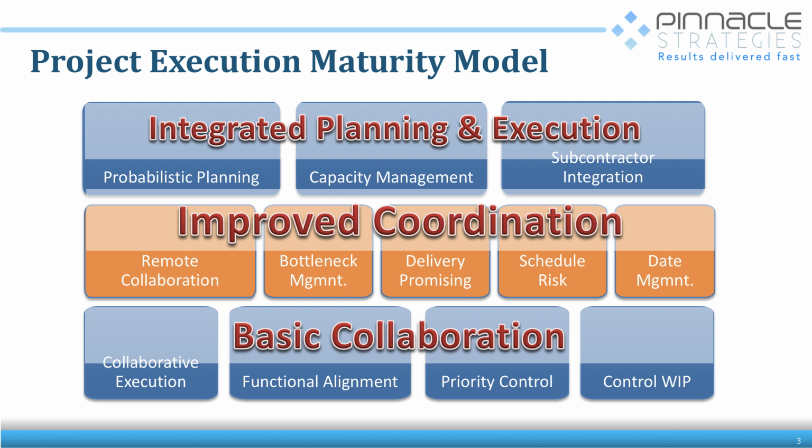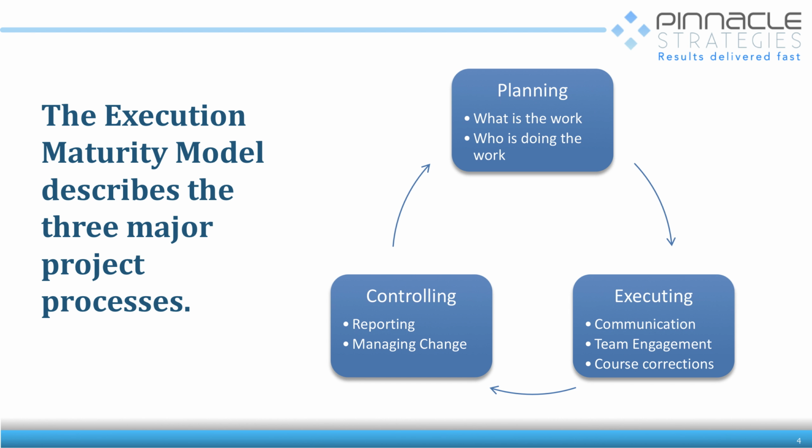Oh, well, I even have a video or a little graphic here to explain what it is. What the execution maturity model does is provide a systematic way to integrate the three major project management processes of planning, executing, and then controlling to form a closed loop feedback.